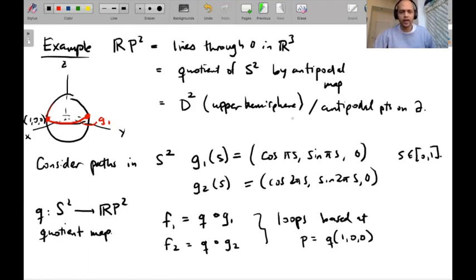These are loops because G1 is a path that goes from 1, 0, 0 to minus 1, 0, 0. But these are the same point in RP2. So when you project, this becomes a closed loop.